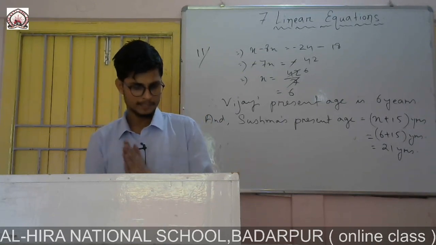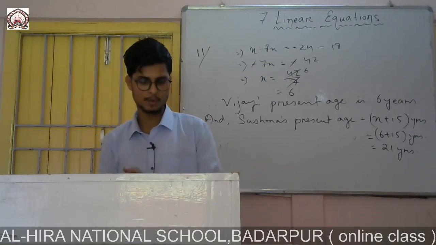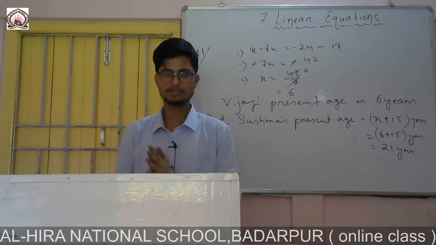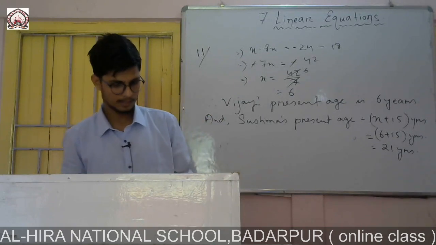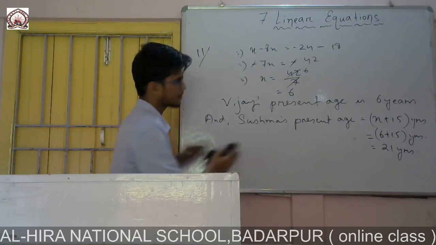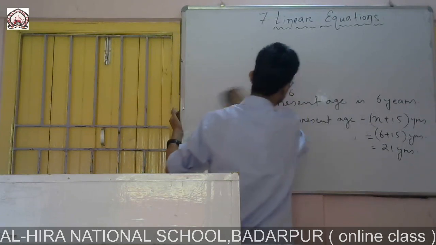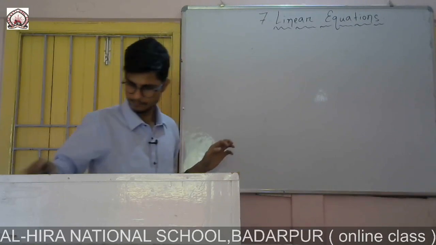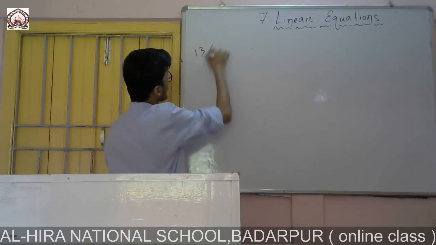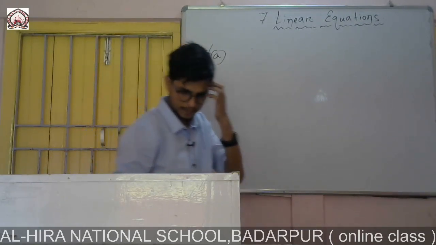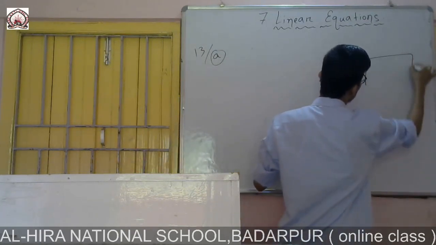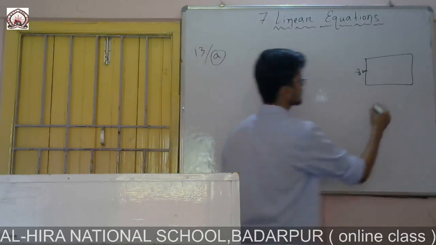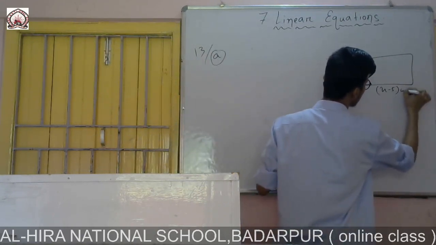So it is given that the area is 3x centimeter square. So if the area is 3x centimeter square, you have to make an equation and find the value of x. So on the right side one figure is given. You see the figure, this side is 8 centimeter and length is given as x minus 5 centimeter.